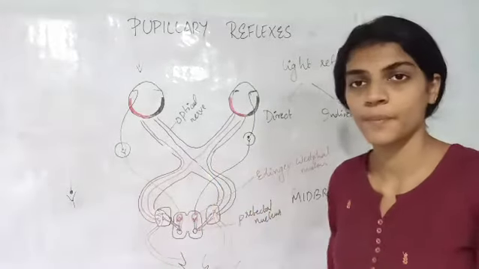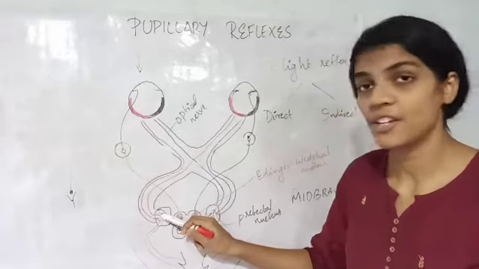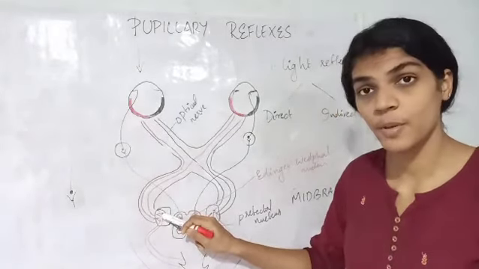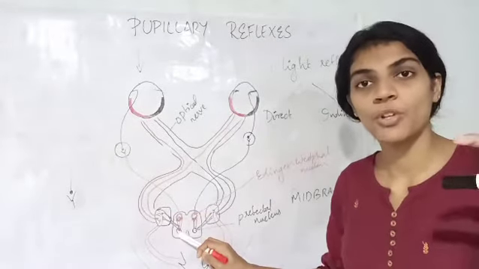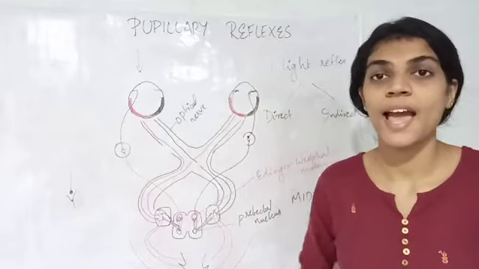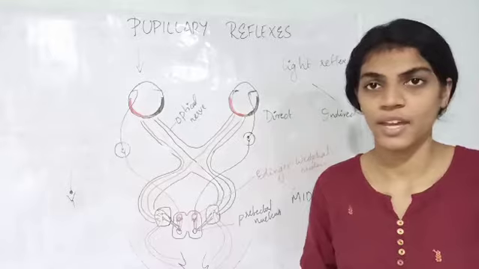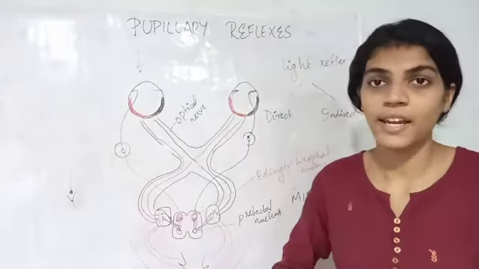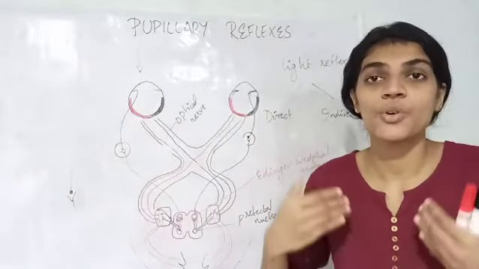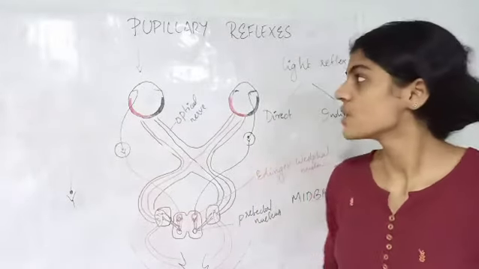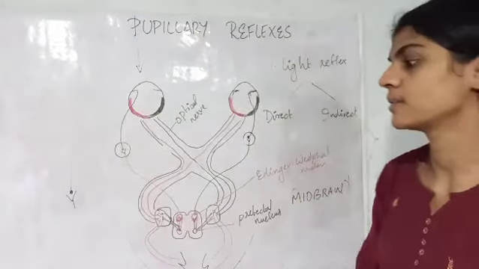So the nerve fibers which reach the lateral geniculate body and those which synapse at the pretectal nuclei will have both ipsilateral and contralateral nerve fibers. That is why the indirect light reflex is also produced. So this is how the light reflex pathway works.